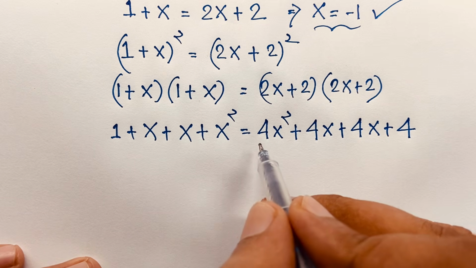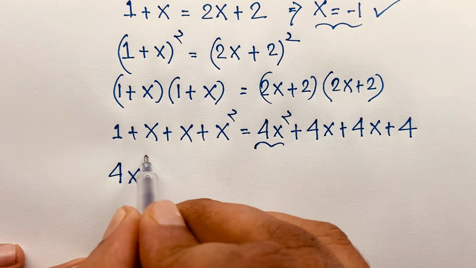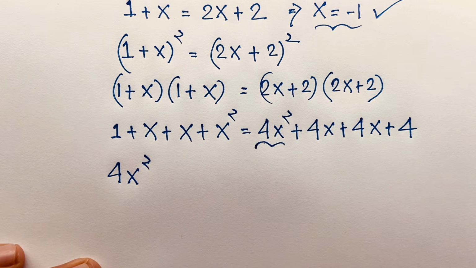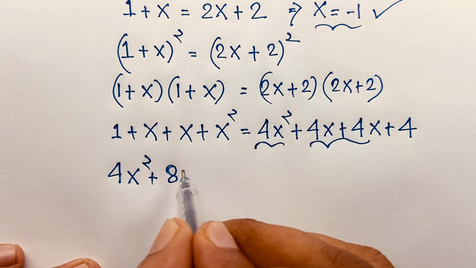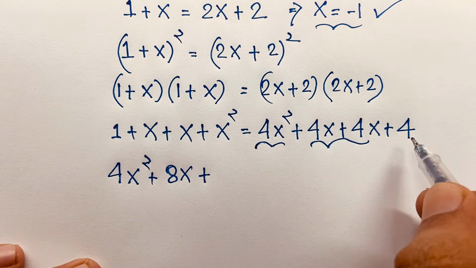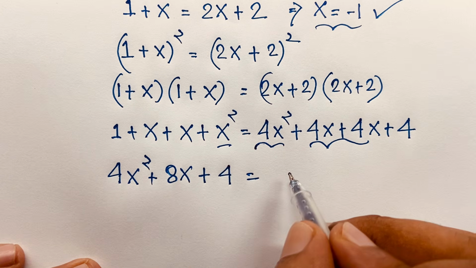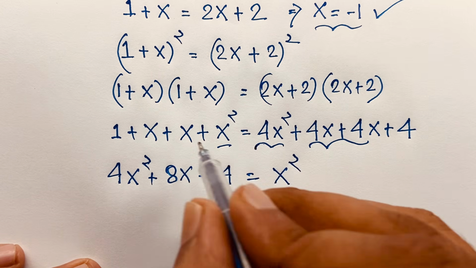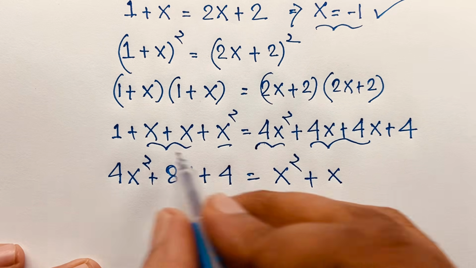Then this is 4x square, so I take 4x to the power 2 this side. Then 4x plus 4x is 8x, I take this 8x here, then plus 4, I take this 4 here, is equal to x square, but x plus x is 2x, this is addition, and this is plus 1.